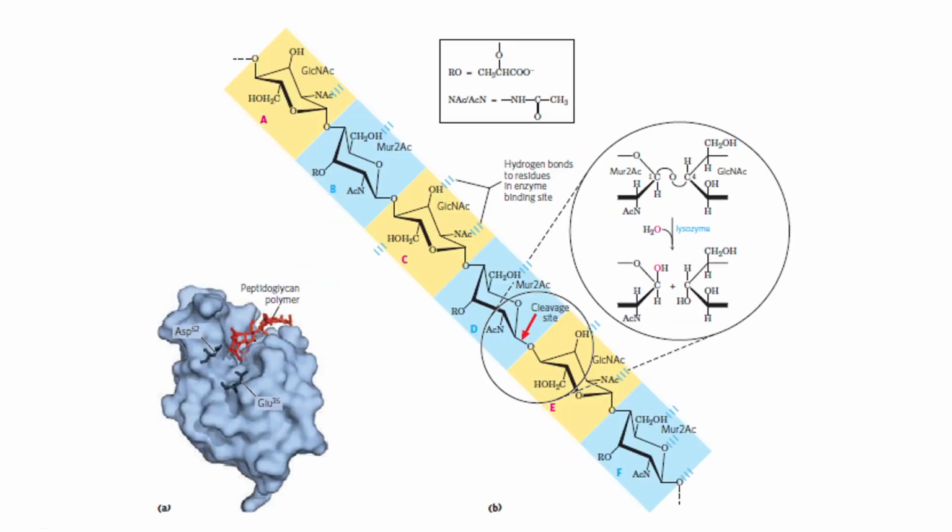From that polymer, in the active site of the lysozyme enzyme, 6 of those units sit. Lysozyme is the enzyme, it has the active site, the catalytic pocket. In that catalytic pocket, 6 units of NAM and NAG sit together.